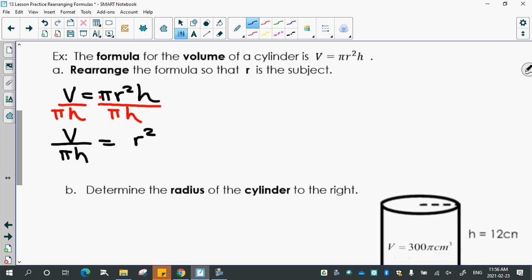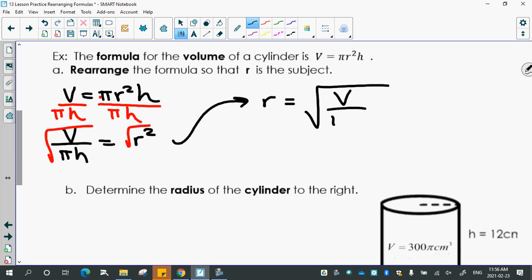Then you don't want r squared, you want r, so square root both sides. And then we want to write it as r equals big square root of v divided by pi times h. So that's the formula rewritten with r as the subject.